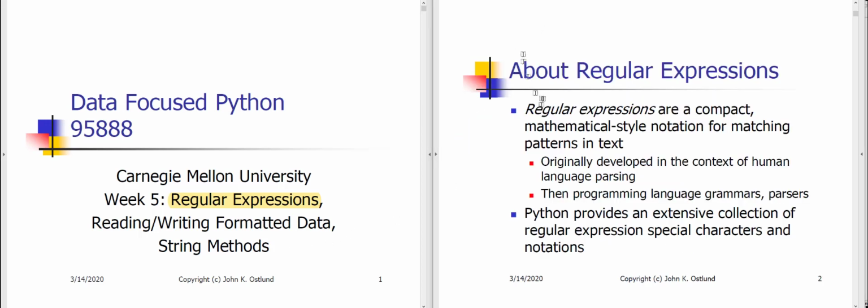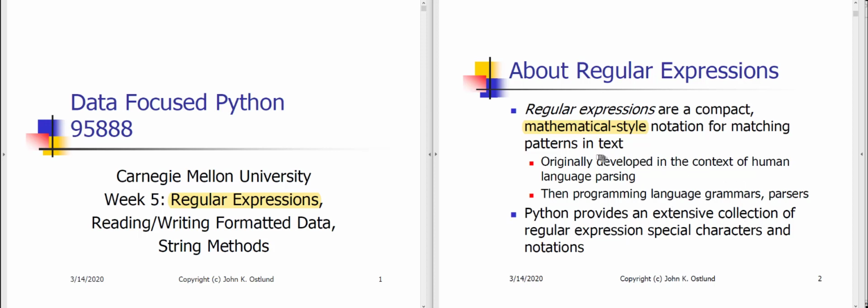Okay, so regular expressions is a sort of mathematical style notation for describing patterns in text. Now it's not mathematical in the sense of using a bunch of numbers and decimal points and so on, but it is mathematical in the sense of being very precise, using certain operator characters in very careful ways, having precedence rules and so on.